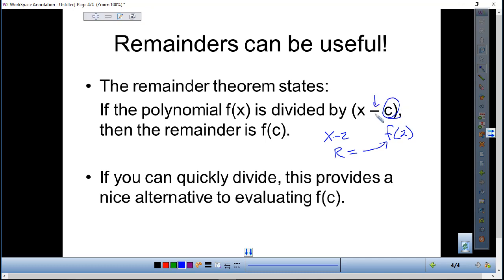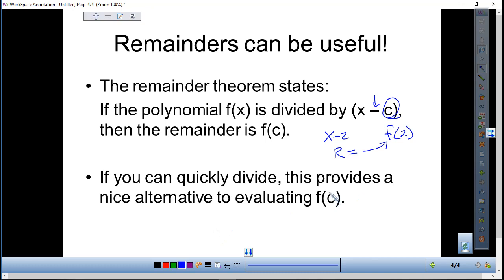Now don't lose the process of the minus here. That means whatever you pull out, you're going to change the sign. That's why it's minus 2 here, but positive 2 here. So when you pull it out, you've got to change the sign. So if you can quickly divide, this provides a nice alternative for evaluating f of c, or if f is something that you can easily plug into, but might be difficult to divide, it makes it a little easier to just evaluate the function.